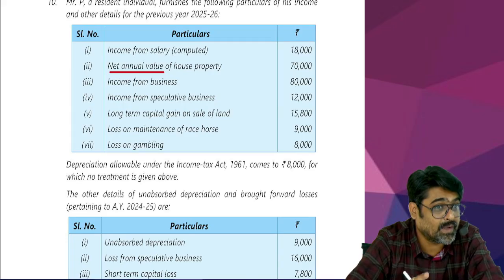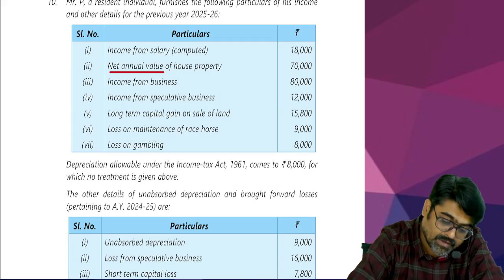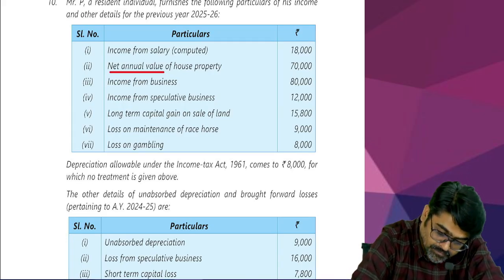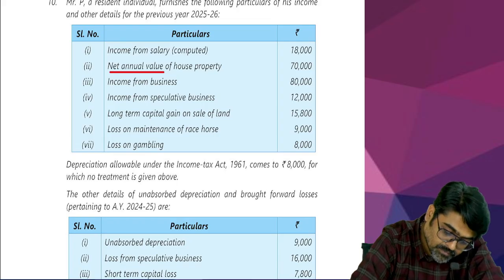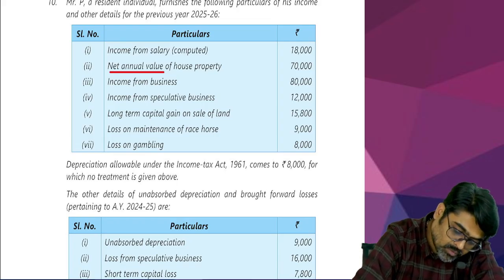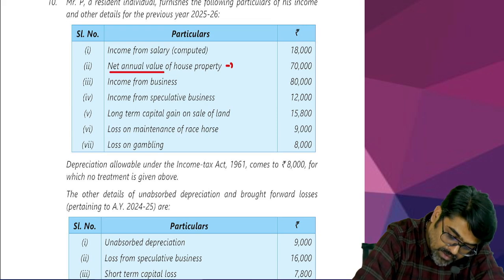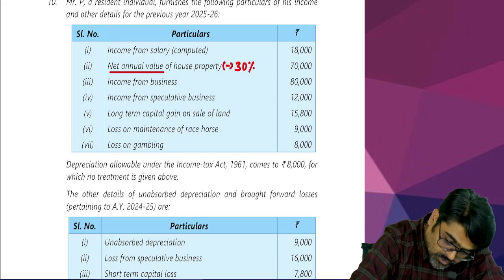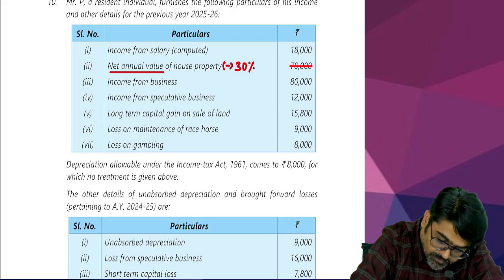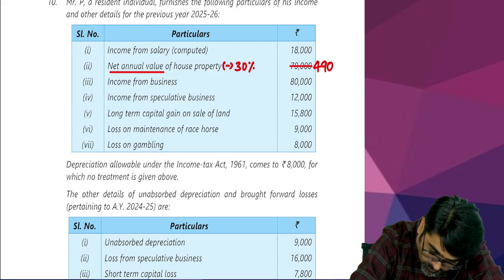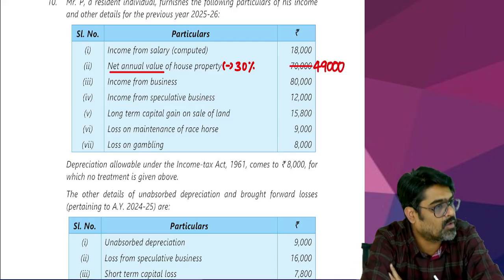They have just given you NAV. So out of this NAV, will you reduce 30%? So reduce 30%. So 70,000 will become how much? So this 49,000 is your income from house property.